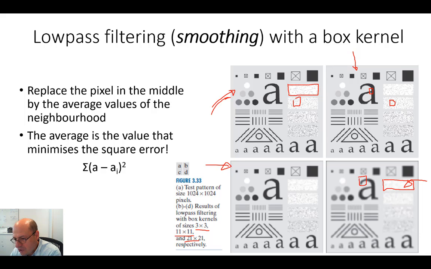Of course, you got rid of some information as well, some of the definition. I cannot see sharp edges anymore. It depends on what you want to do with your image. You can read about it in the book, it's a good read.